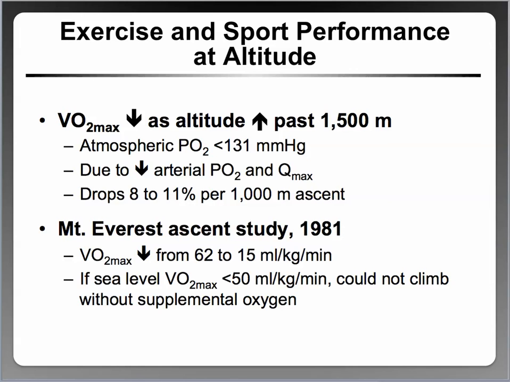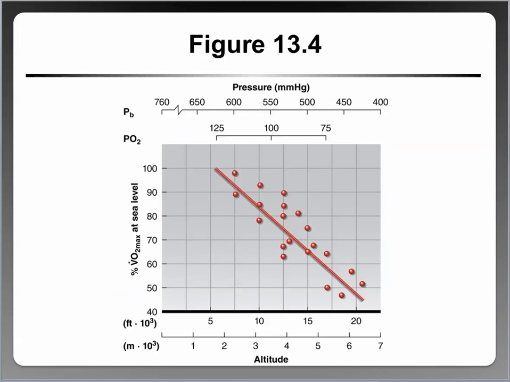And we've also already mentioned the physiological mechanisms for this decrease in VO2 max. You have a decrease in partial pressure of oxygen, and then a decrease in maximal cardiac output. And we'll take a look at this figure. Essentially, there's a linear decrease in VO2 max as you increase your altitude.